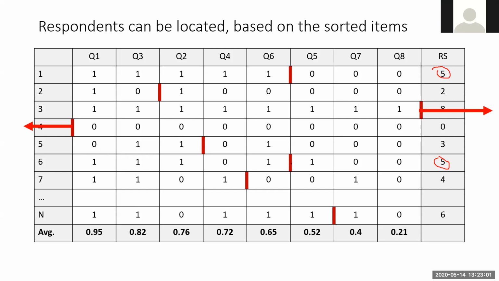Ibrahima, the question is, if this guy has responded yes, yes, yes, no, yes, yes, no, no, and I am claiming the position of this respondent is here, the same as the first one, what is it that is strange in the pattern of response? What do you note that is unexpected?